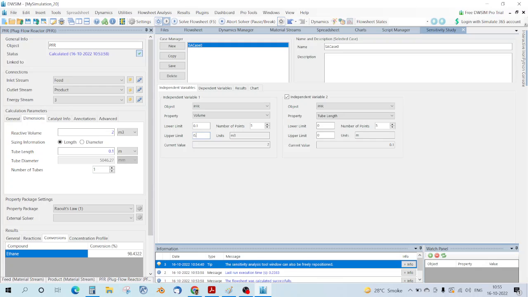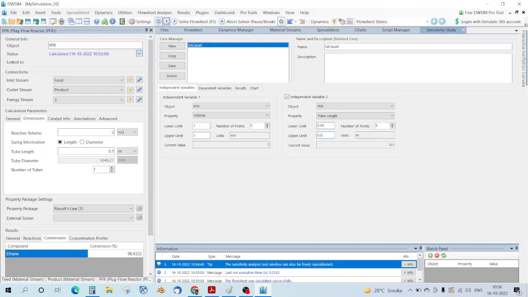The volume is like 2 now, so let's take 1, 2, let's say 2. Let's take 5 points. Let's take the lower limit 0.05 to 0.1. Okay, 0.1 is the highest.